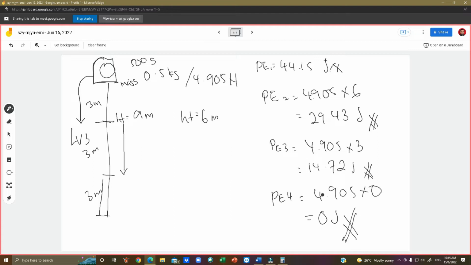So potential energy is at the most when you are at the top. And potential energy is 0 when you are at the bottom. There are no more movement. Okay, soalan saya. If a person kicks a ball, the ball is going to travel in terms of projectile.